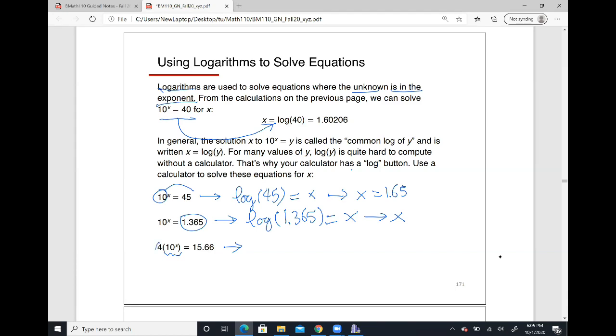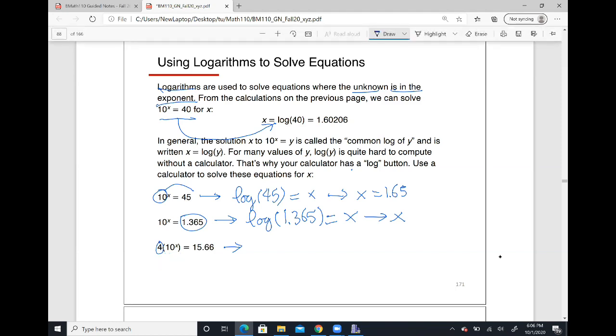It means I don't want to have the number 4 next to 10^x anymore. I want to eliminate it. So how can I do that? I will divide both sides by 4 because 4 is multiplying with 10^x.